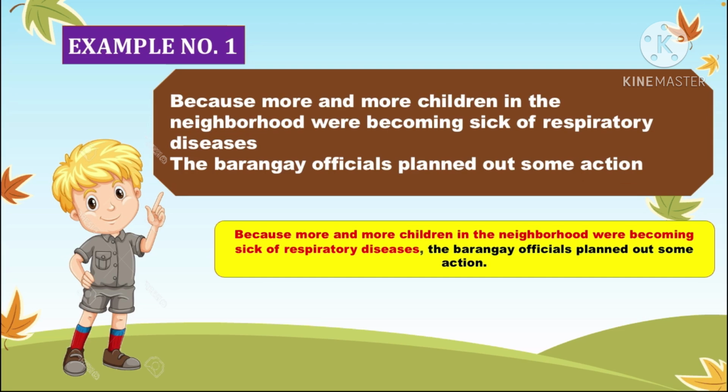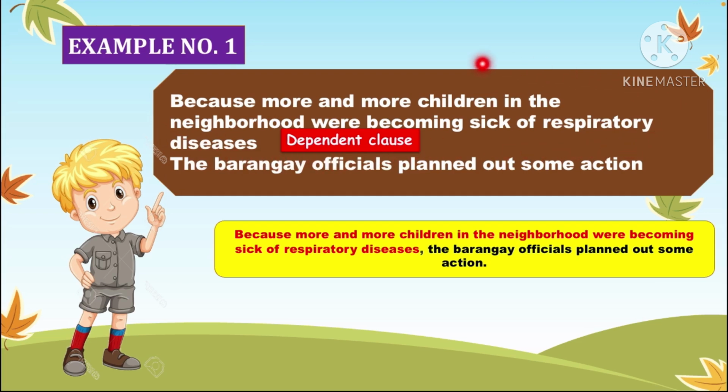And the complex sentence, if we combine it together, will be: because more and more children in the neighborhood were becoming sick of respiratory diseases, the barangay officials planned out some actions. In here, the dependent clause is the clause number 1.